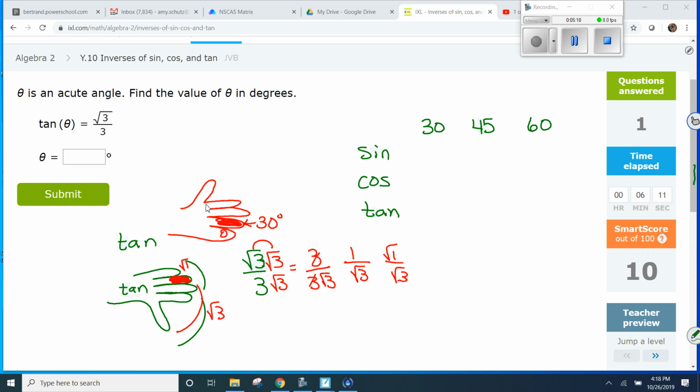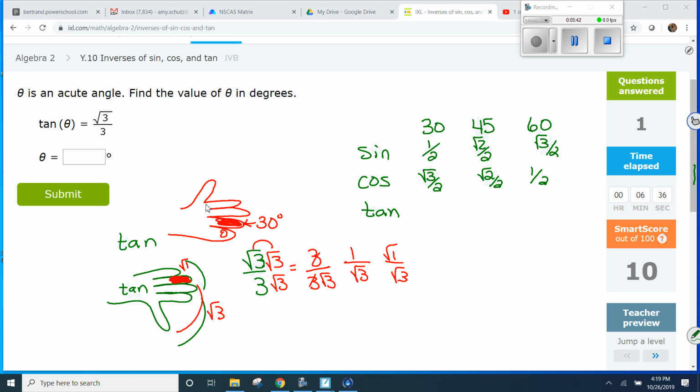So it's going to be radical 1, which is 1, radical 2, and radical 3, all over 2. Then you're going to reverse it: radical 3, radical 2, radical 1, which is just 1, all over 2.